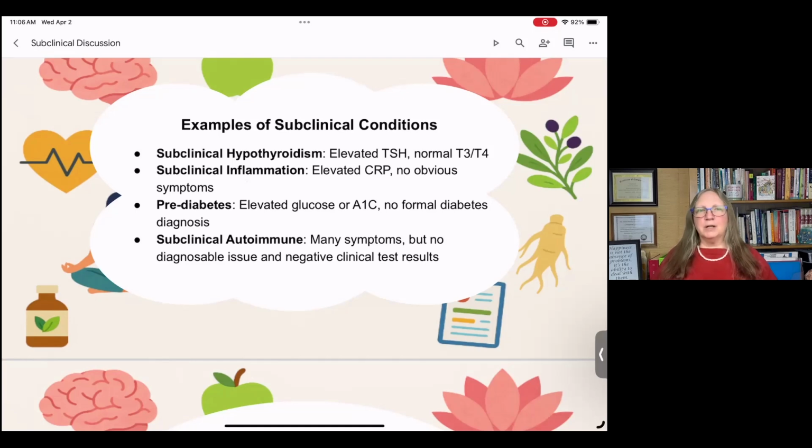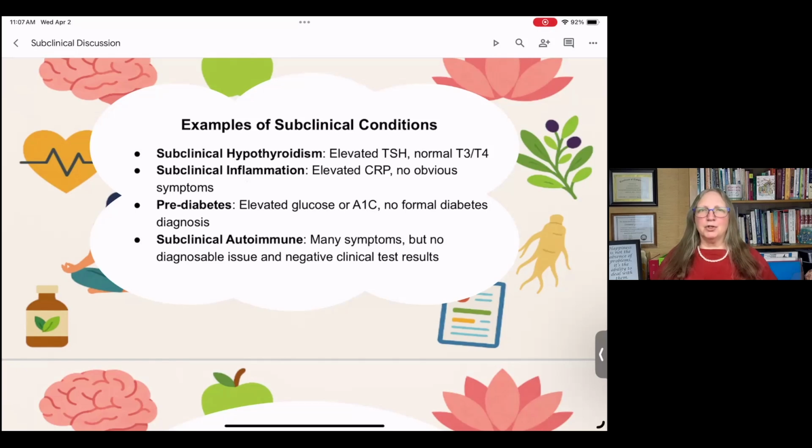Some that are done by the doctor, and most of you have maybe checked this: in subclinical hypothyroidism, our TSH is elevated, but our T3 and T4 are normal. Subclinical inflammation can be identified by C-reactive protein tests, but there are no obvious symptoms.